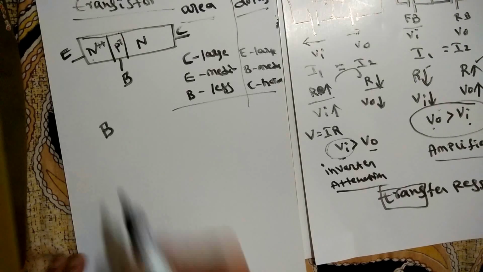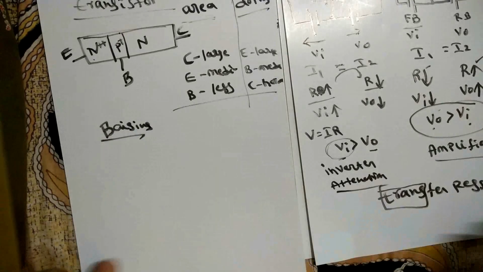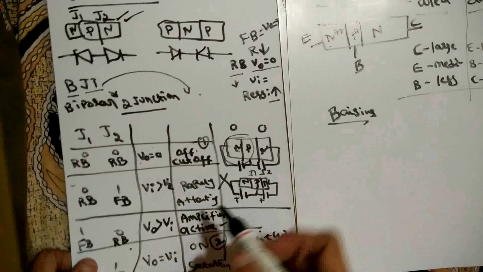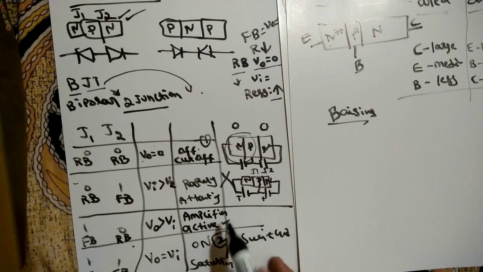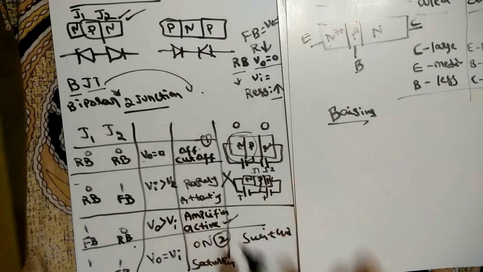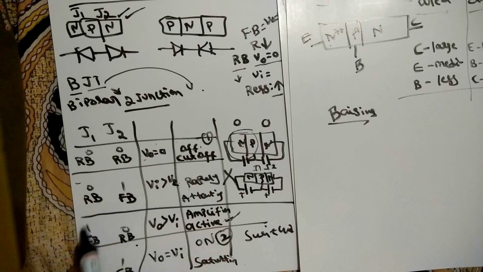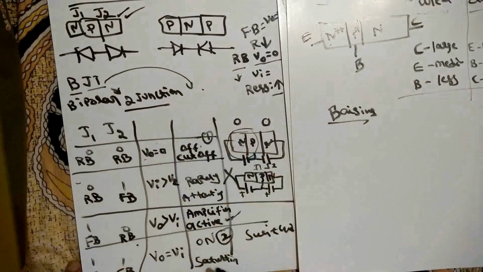Similarly, for a transistor we also require bias. We already discussed 3 conditions here; one condition we are not using. Among these, the amplifier is the very important portion in the transistor. For switching on and switching off, we can use a diode also, so a transistor is not required.